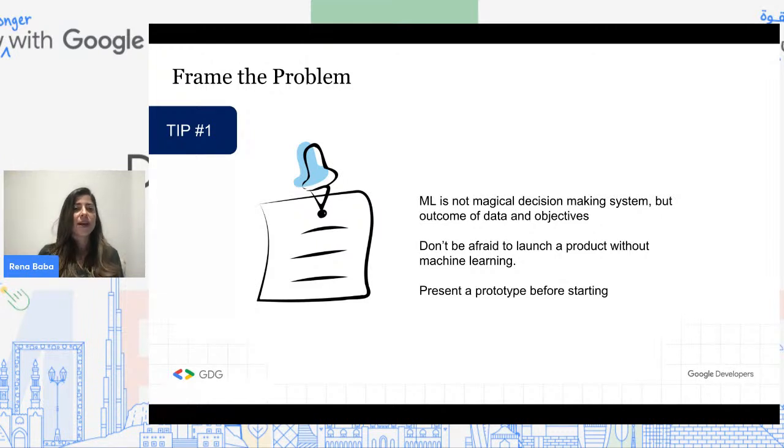I find this very helpful, because people really understand things better, and communication becomes easier when they visualize things and they see how it works. So even if it's a prototype, even if it's not a fully functional solution, it would still be good to show your stakeholders or the people you're working with what it is that they can expect. So that's it for the first part of framing the problem.